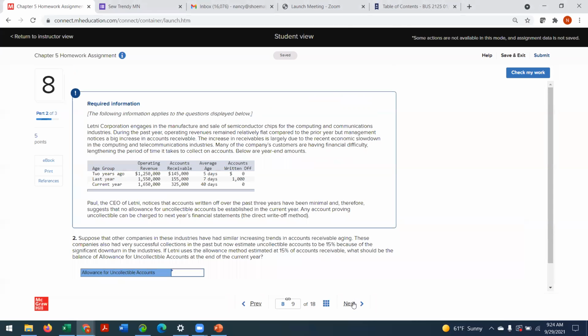Okay. Suppose that other companies in this industry have had similar increasing trends in accounts receivable aging. These companies also had very successful collections in the past, but now estimate uncollectible accounts to be 15% because of the significant downturn in the industry.